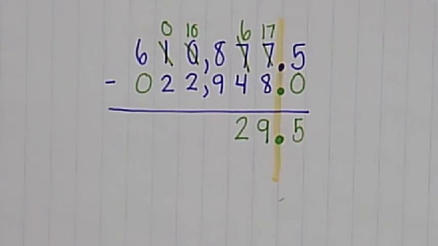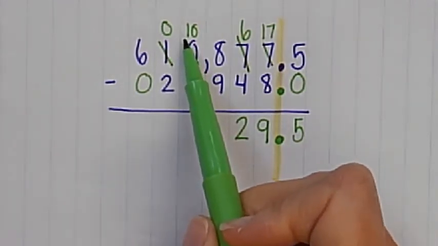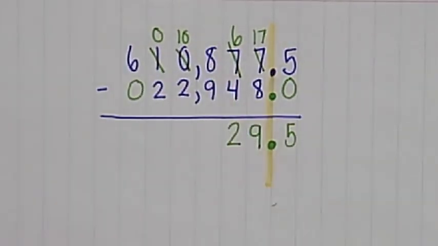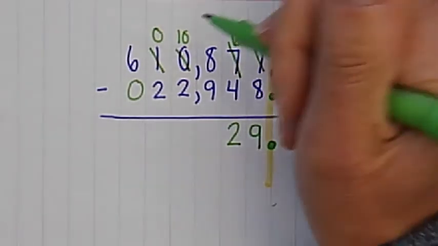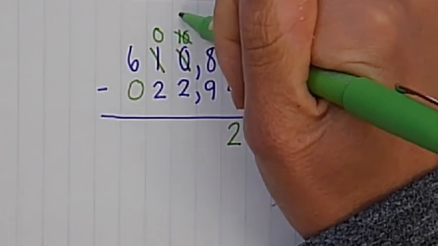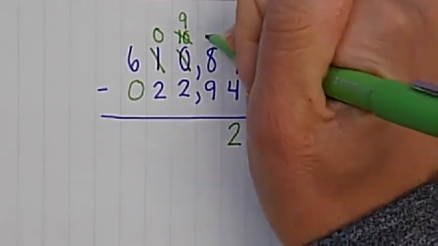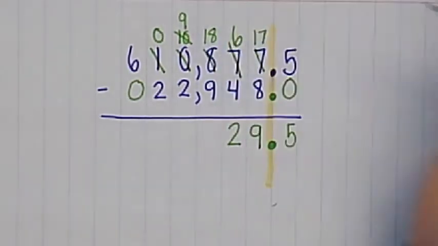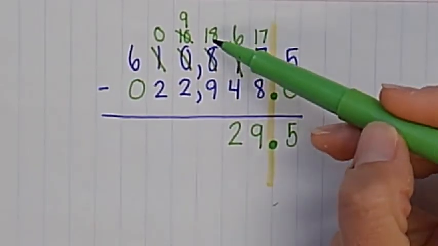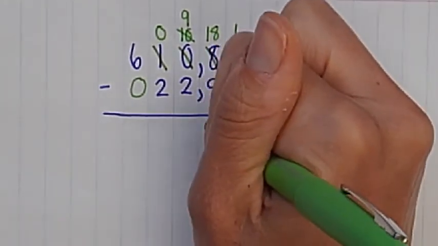So now I can borrow from this 10 to give some to the 8. So I'm basically doing double borrowing on this one. So this 10 now becomes a 9, and my 8 becomes an 18. Now I can go 18 minus 9 is 9.